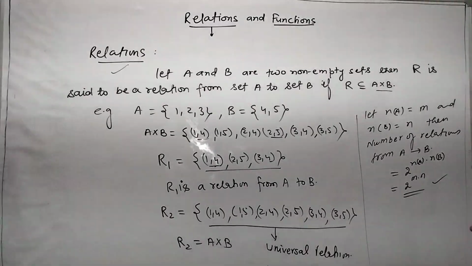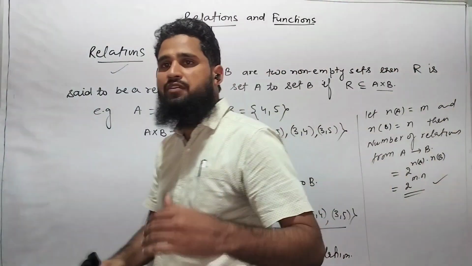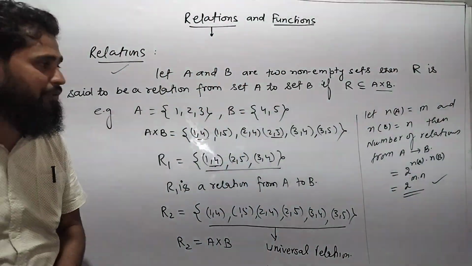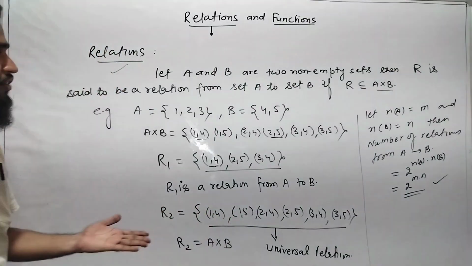This is the formula to calculate the number of relations from set A to set B. Is it clear?